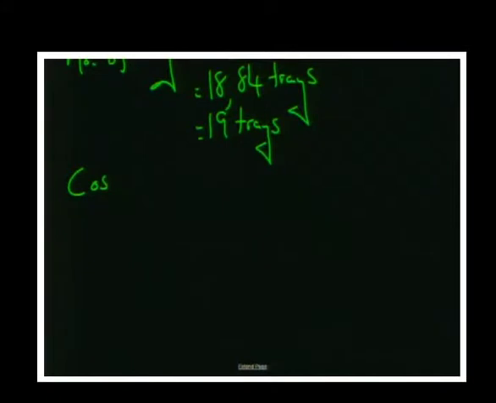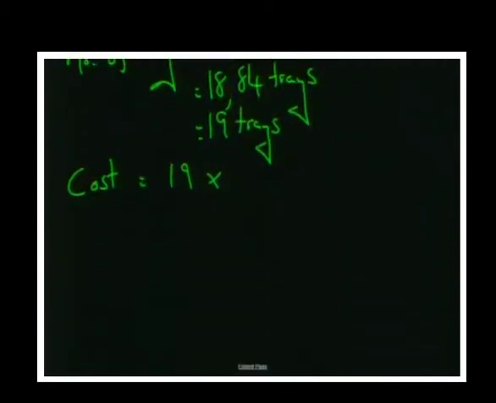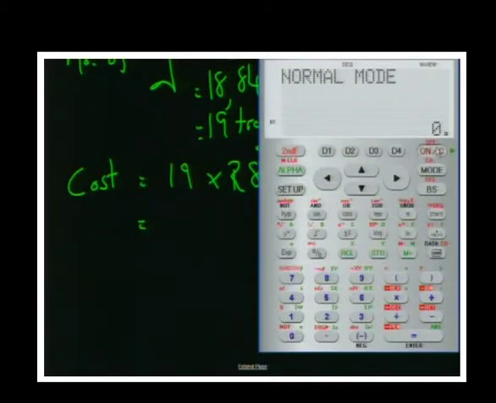So down we go again, and we're going to say, right, the cost is 19 trays times, how much was each tray? Each tray, 89 Rand 95 cents. Back to our calculator. We're saying 19 trays is what I have to buy. Each one costs me 89 Rand and 95 cents.